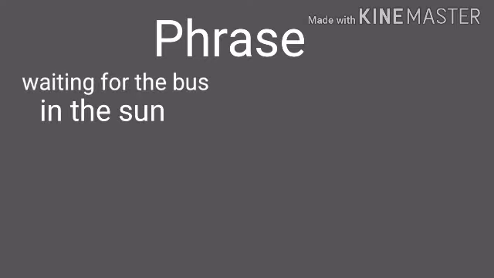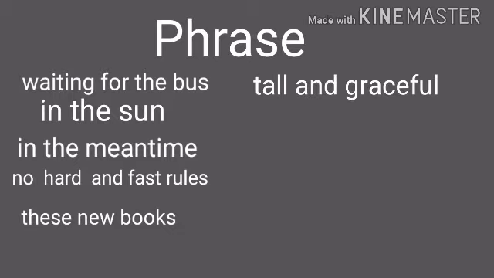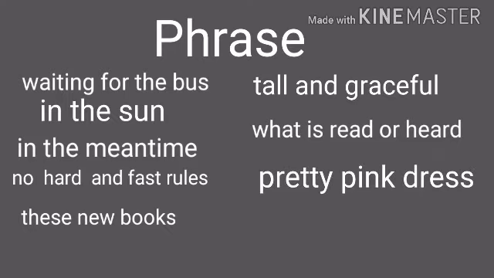Here are a few examples of a phrase: waiting for the bus, in the sun, in the meantime, no hard and fast rules, these new books, tall and graceful, what is read or heard, pretty pink dress. So my dear students, these groups of words make some sense.